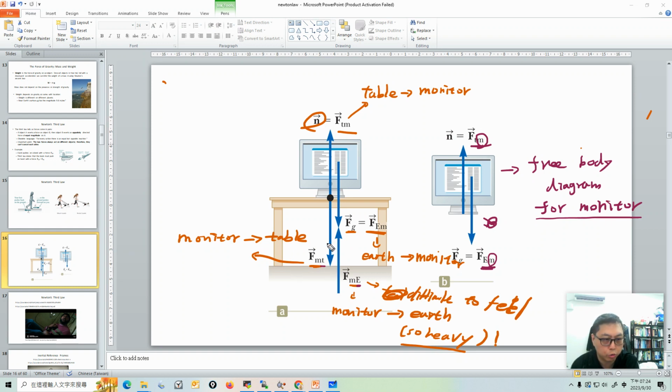We don't draw them in this free body diagram, only these two. This is an important concept for when you draw a free body diagram later. So that's pretty much about the third law.